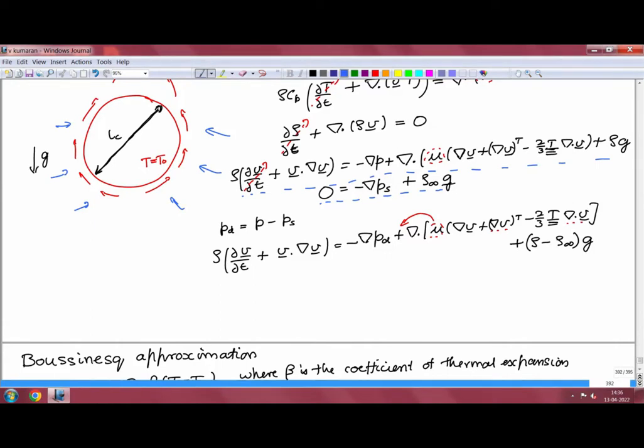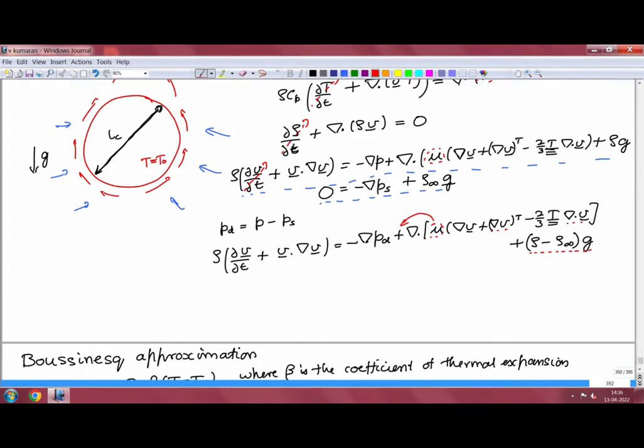In the absence of temperature variations, the density everywhere is equal to rho infinity. So, you get this equation for the static pressure, and we subtracted it out to get a momentum equation which depends only upon the difference between the density and the ambient density, as is necessary. There should be no driving force if the density is equal to the ambient density.